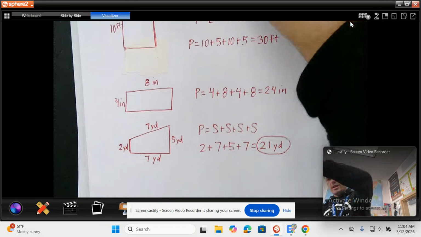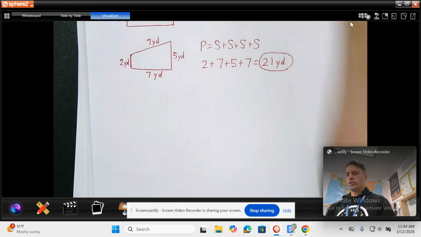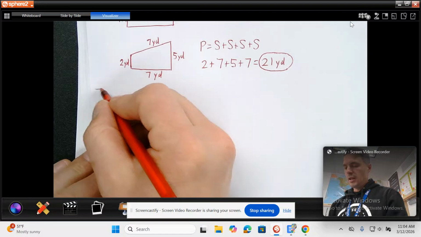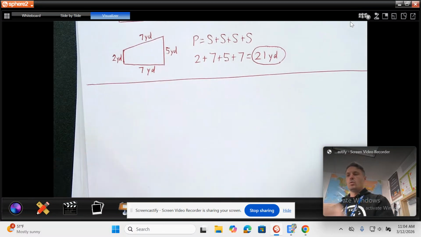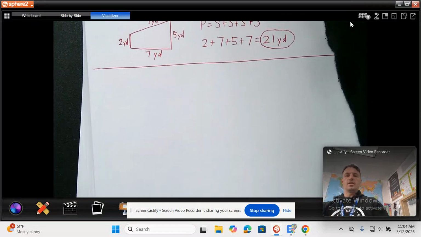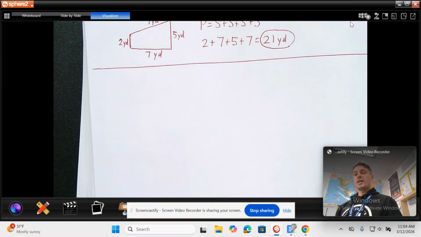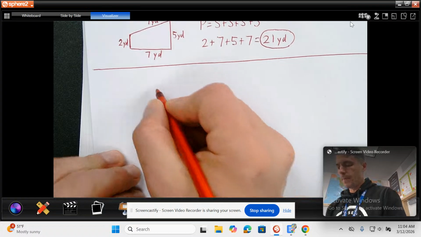Okay, I'm going to go ahead and give you guys 2 to do independently. Once I assign these 2 problems, press pause after you get them written down, solve them independently, and then press play again to see if you did them correctly.